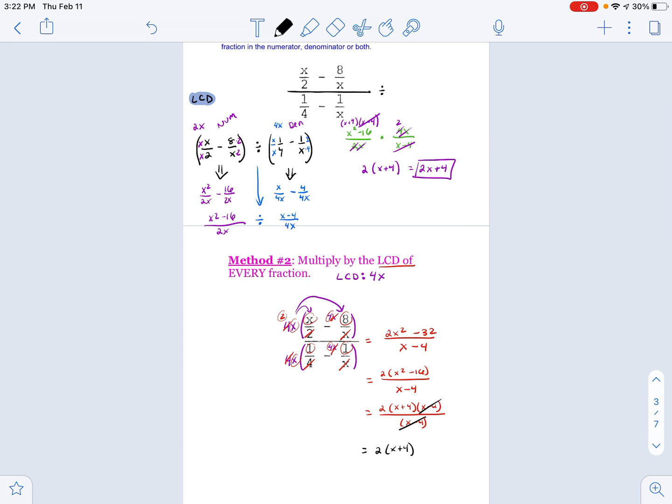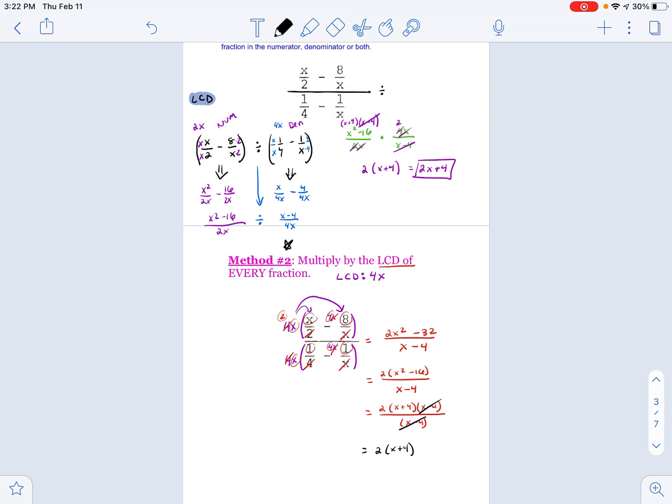So looking at these two methods, if you stay organized, method number 2 is going to be a bit easier because it's going to eliminate most of the fractions you're working with. Actually, it's going to eliminate all the individual numerator and denominator fractions and just give you one big fraction.